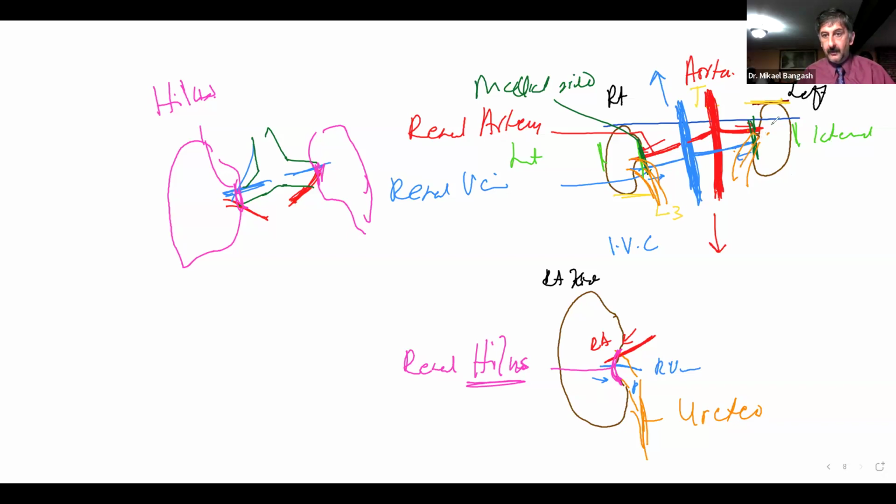Mainly because whatever urine was produced in the kidney will eventually leave the kidneys via the ureters. But on the medial side of both kidneys, whether the right kidney or the left kidney, we have that point that we call the hilus.